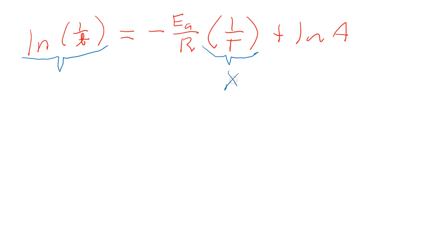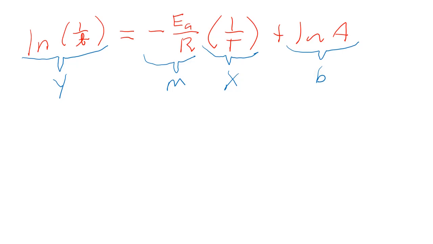So 1 over T, 1 over the temperature in Kelvin, is going to be your X. The natural log of 1 over time is your Y. And then negative Ea over R is your slope. And the natural log of A, which is your collision frequency factor, is your b, which is your y-intercept.